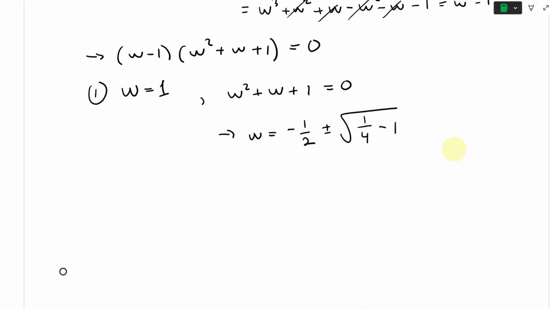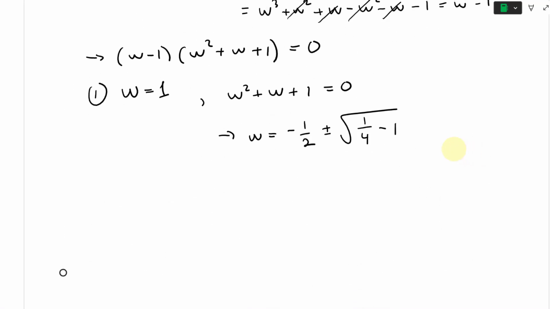In this case, we're actually going to have complex solutions. So for this one here, multiply top and bottom by 4 over 4. We get negative 1 over 2 plus or minus the square root of 1 over 4 minus 4 over 4, which is negative 3 over 4.